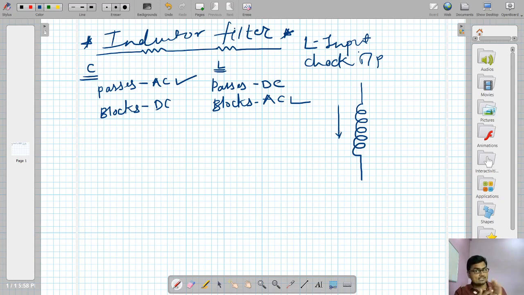It is associated with the inductor. That is the difference. Storing is different part. Associating with is different part. If it is a capacitor, it is electrostatic charge. If it is inductor, it is electromagnetic charge. So electrostatic charge is stored into the capacitor, whereas electromagnetic charge is associated with inductor, because it is around the inductor.